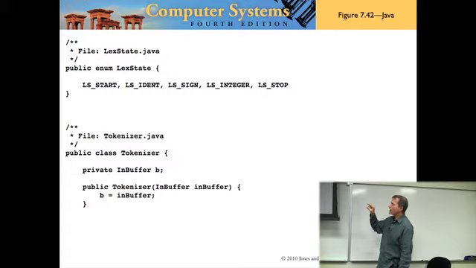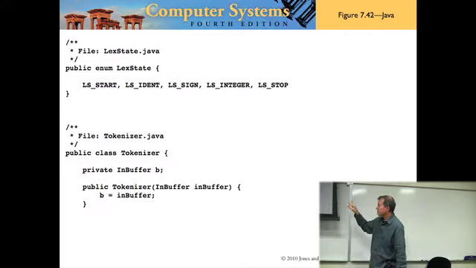Okay, so now your question was the difference between the finite state machine for the tokenizer and the finite state machine for the parser. Here is the finite state machine for the tokenizer. Notice that this tokenizer has a private attribute named B, and its type is in buffer.